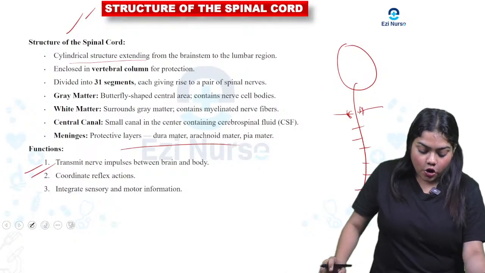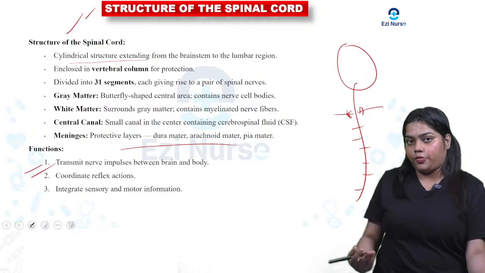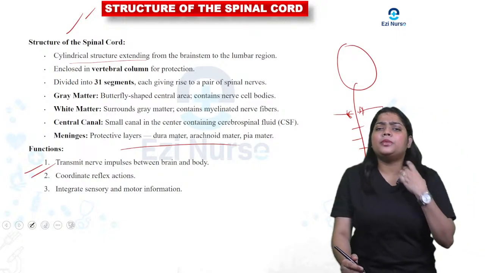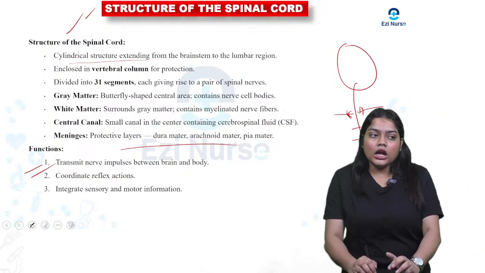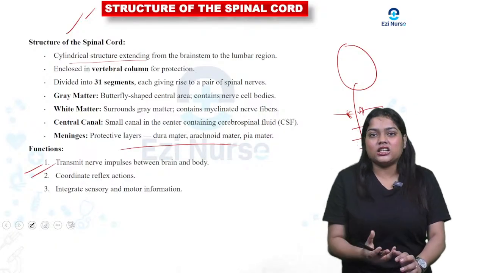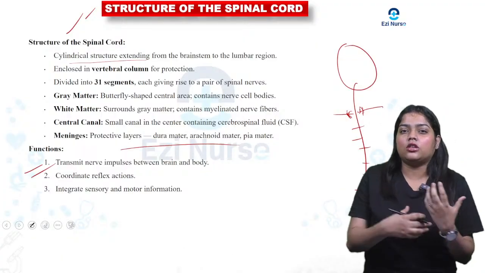Next one is to coordinate reflex action. We know we have 2 types of action, right? One is voluntary, one is involuntary. Like in babies, bowel control or bladder control is involuntary, because the muscles are not strengthened.